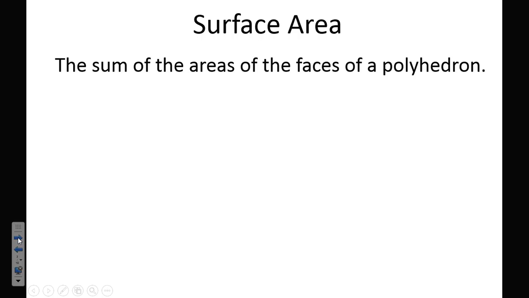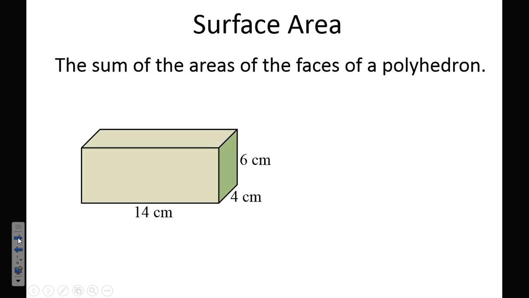The sum of the areas of the faces of a polyhedron helps you find the surface area. Okay? When we're talking about the surface area of a prism, we want to know its coverage.